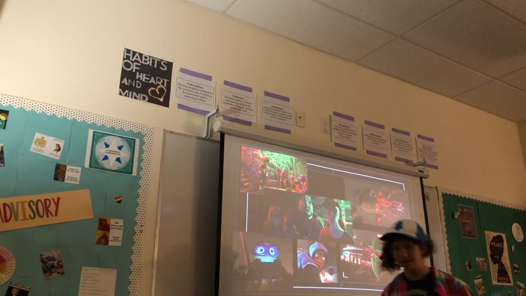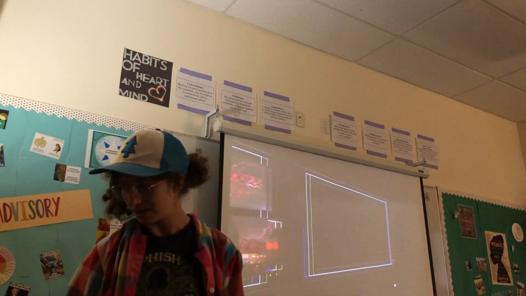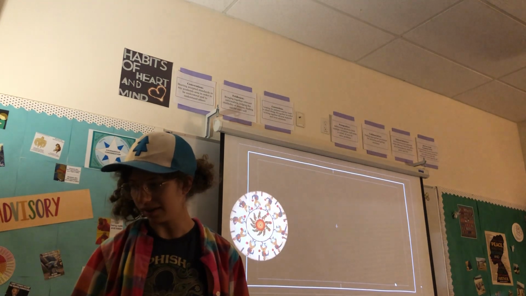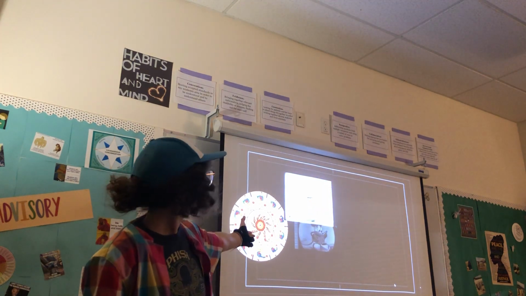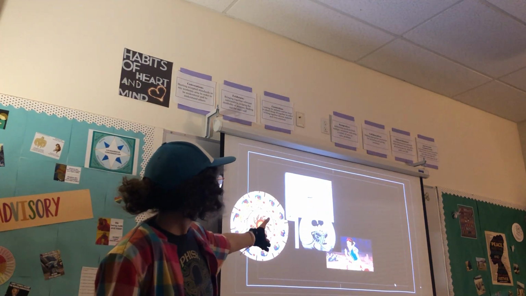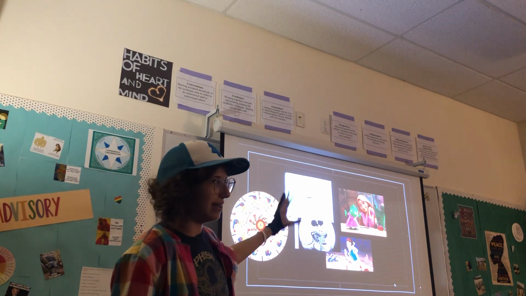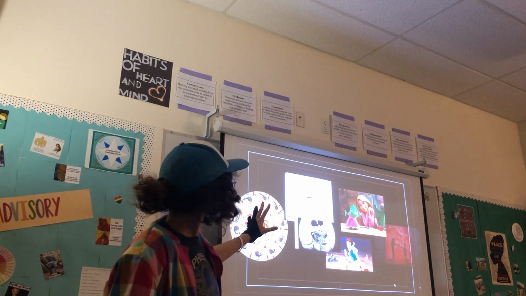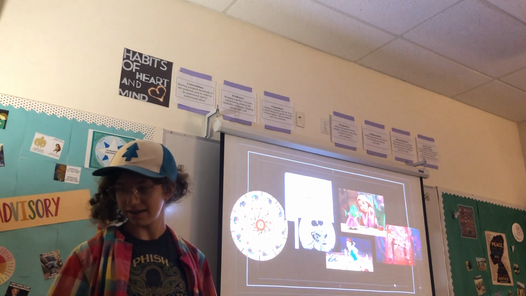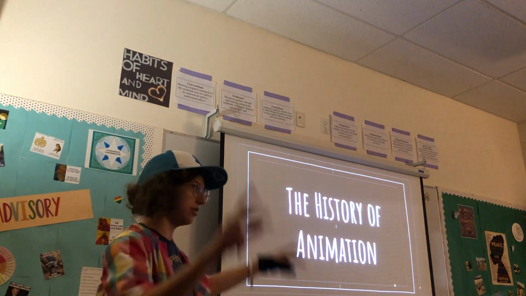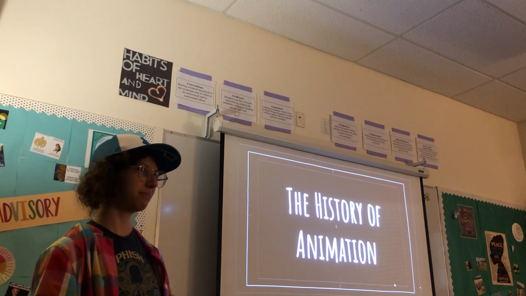To recap, we've gone from this to Gertie, to Mickey, to Snow White, to 3D, Pixar, Disney, and to where we are now, where things are starting to split off again. And that is my abridged history of animation.